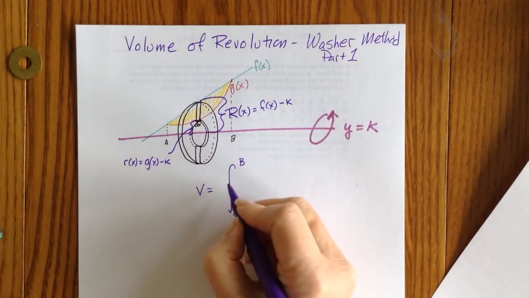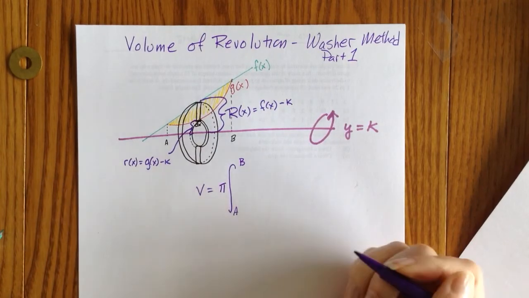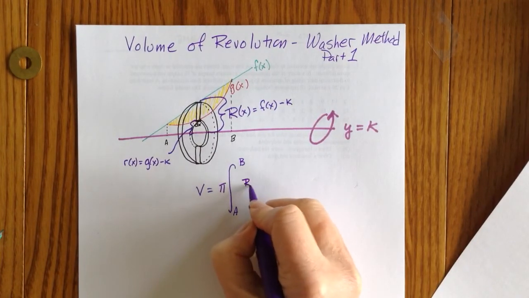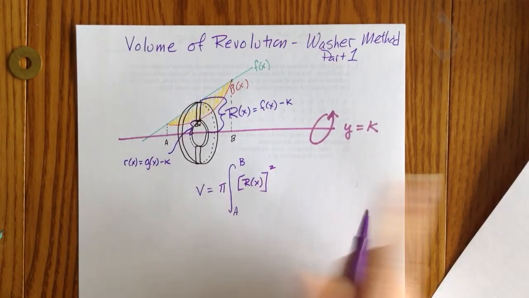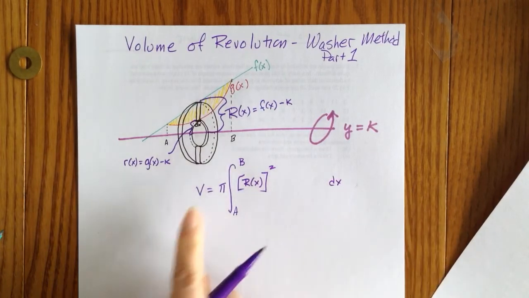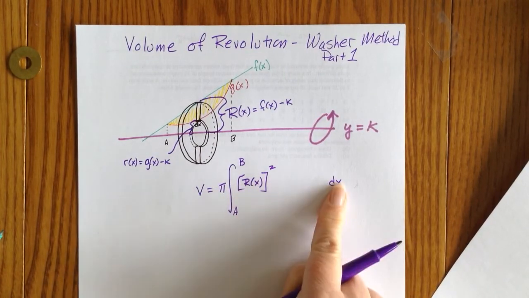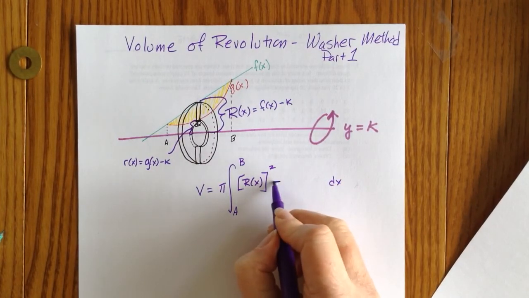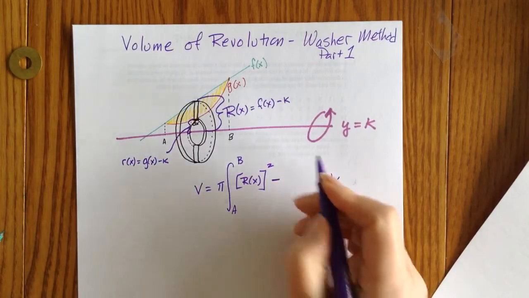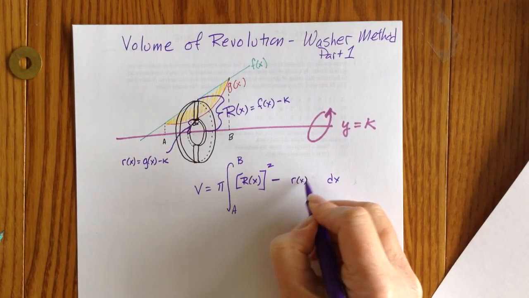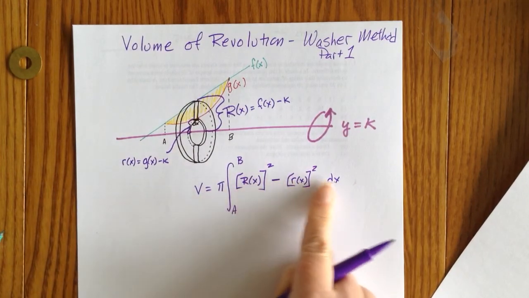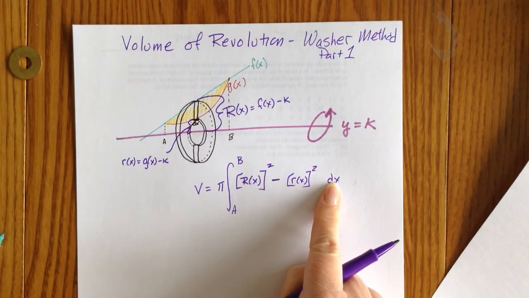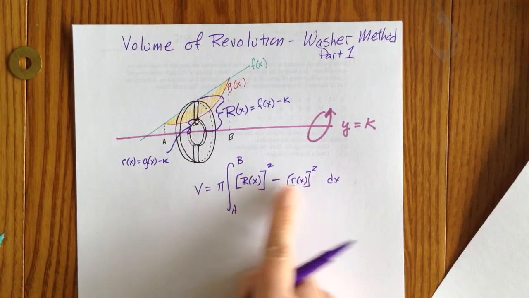We are spinning these things and finding disks, so it will be pi, the outer radius squared, I'm leaving some room, with respect to x. This is pi r squared h. This is the outer disk. Now all we have to do is subtract pi distributed through little r squared with respect to x. This is pi r squared h, the inner disk, and we're just subtracting them.